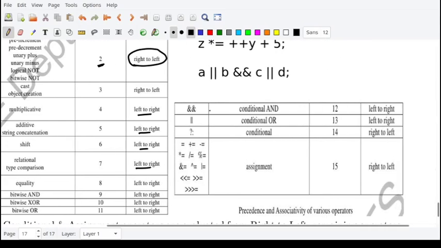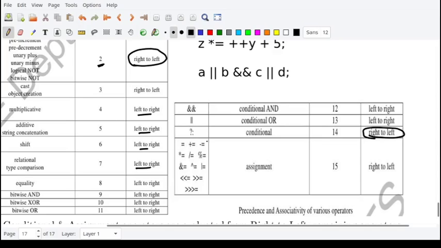Then you will see conditional and conditional OR. Okay, so note that and has got the higher priority. So you have conditional and, conditional OR. Then you have the conditional operator question mark colon, which is a ternary operator. So note that the conditional operator is evaluated from right to left.